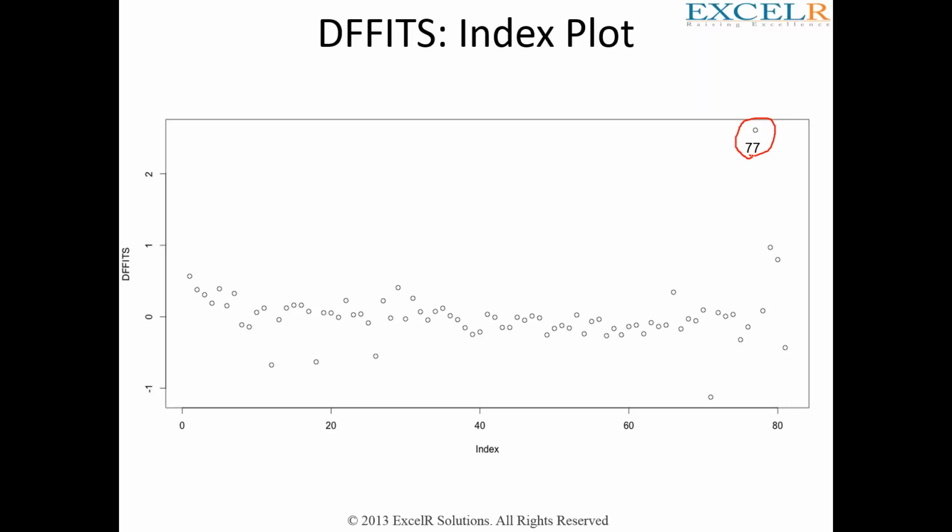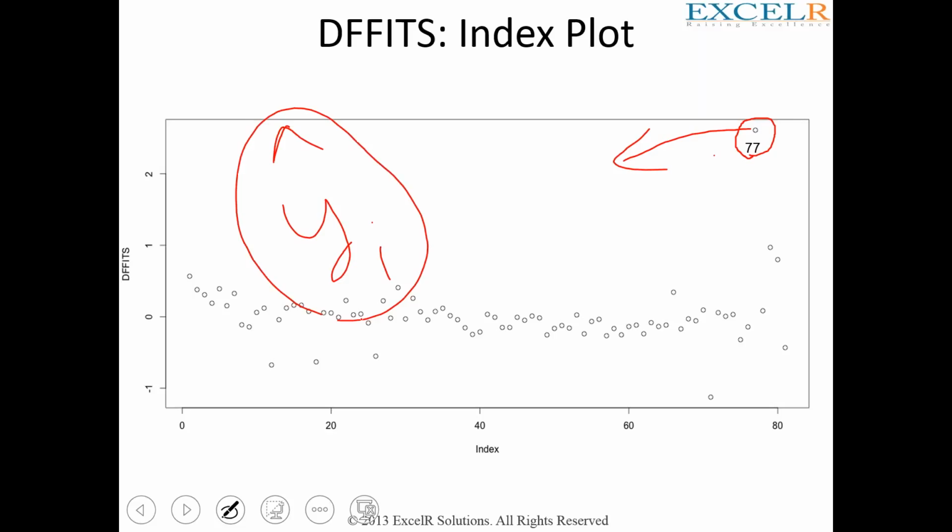So this is the difference between the ith fitted value, which is obtained from using your full data, where you're not deleting anything at all, and if you subtract this from another fitted value, called y hat i of i, we subtract these two.